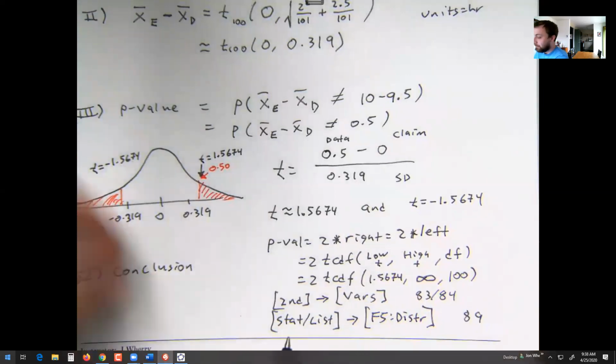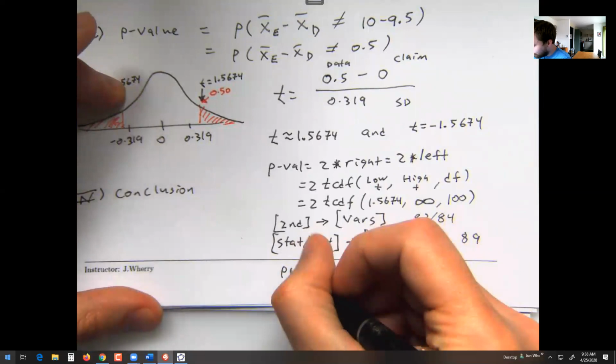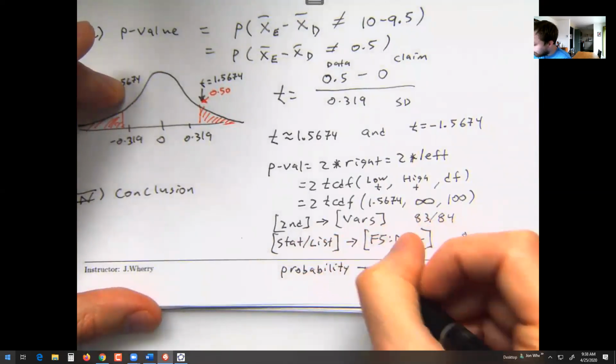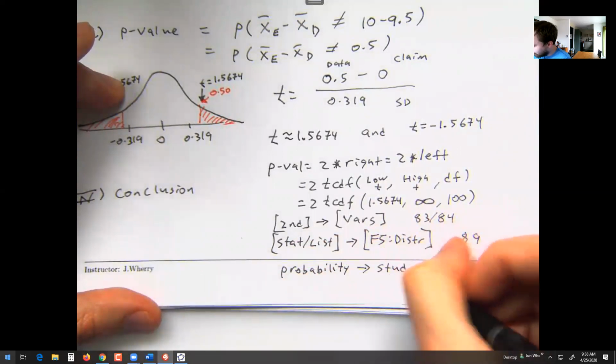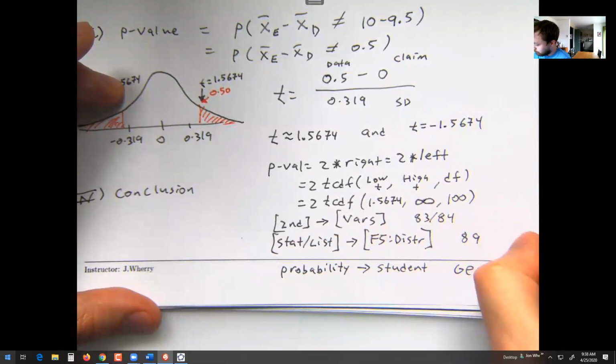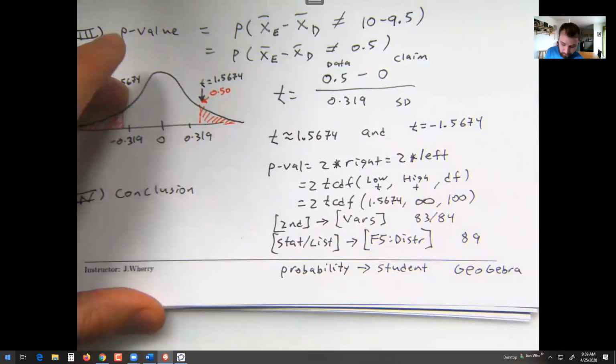And if I'm using GeoGebra, I'm going to open it up and go into probability, and choose the option for the student t distribution. Let's do it on each just to see what we're working with.